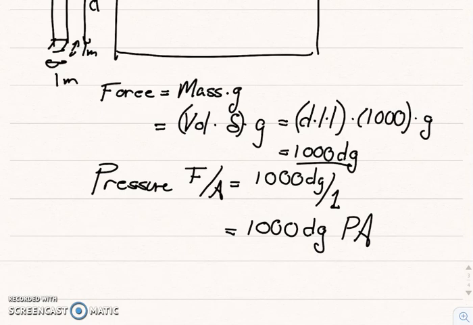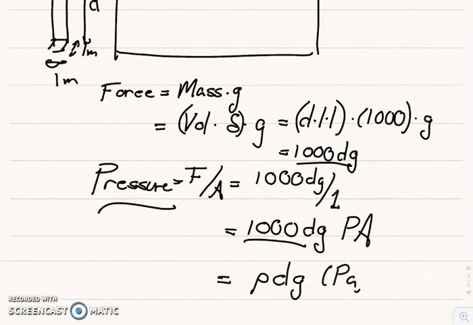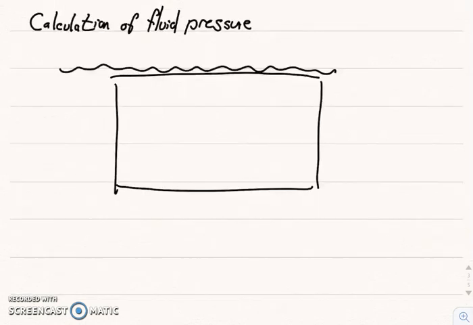If you're working with some other fluid besides water, then the number that'll change here will be the density. In general, density is often denoted with the Greek letter rho, so you might often find this pressure written rho dg, units of pascals. So that's the pressure at a point which is d meters below the surface, rho dg.